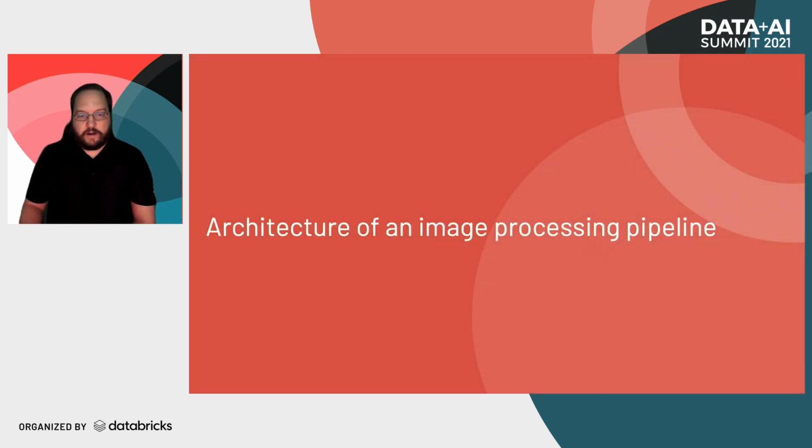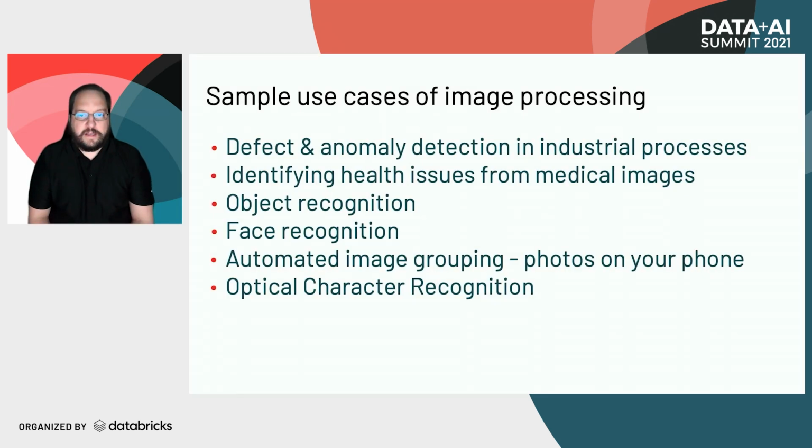Starting off, the architecture of an image processing pipeline. Maybe some sample use cases that we've seen this in. If you are already coming to us knowing you have image processing needs, then you probably already have this. But we see this across the board for defect and anomaly detection, sometimes even augmenting SCADA processes with more low-cost video sensors and doing some processing on that in parallel to what's already in place.